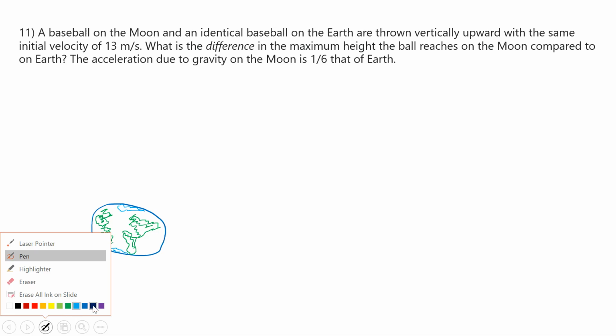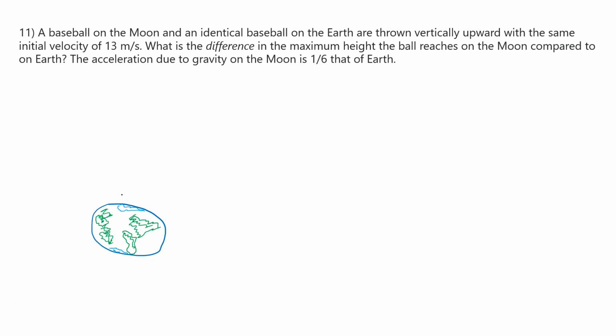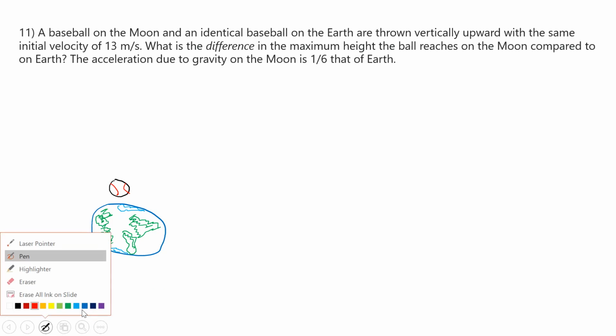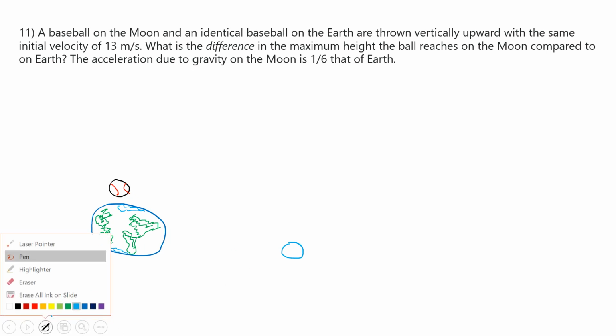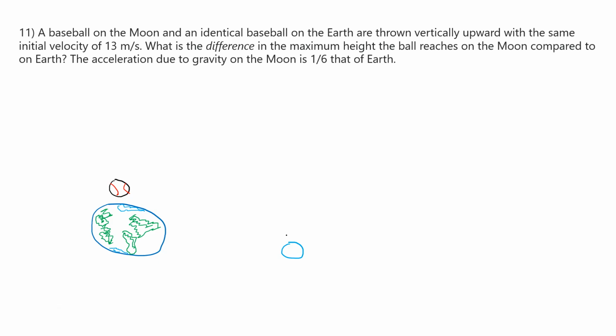So anyways, there's a ball that's thrown up in the air. But also on the moon over here, which is much smaller than the Earth, that same baseball is thrown up in the air.